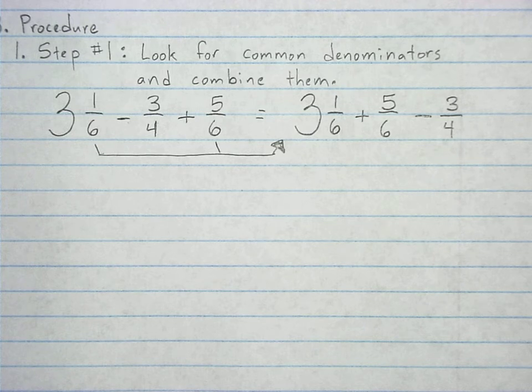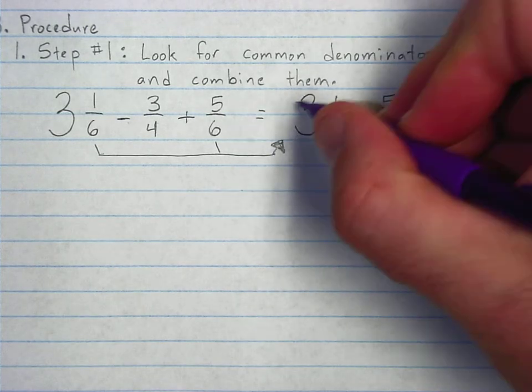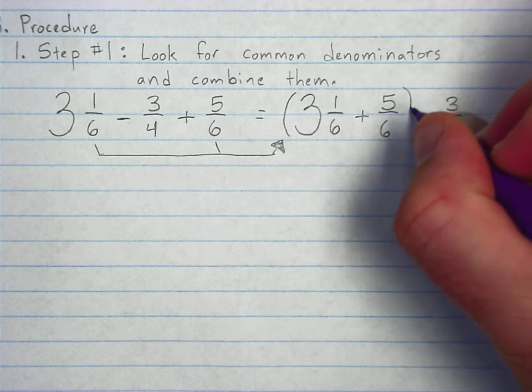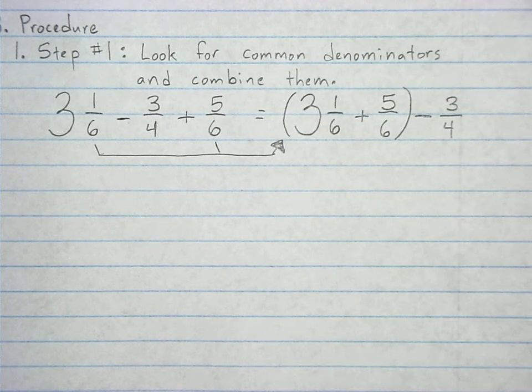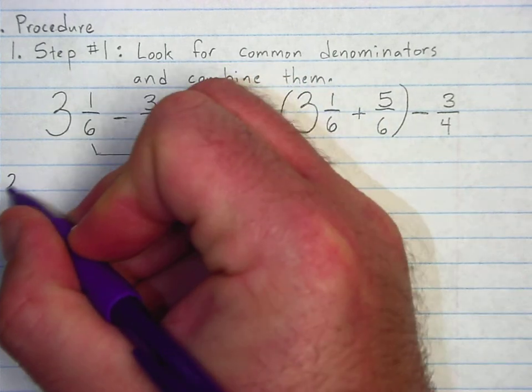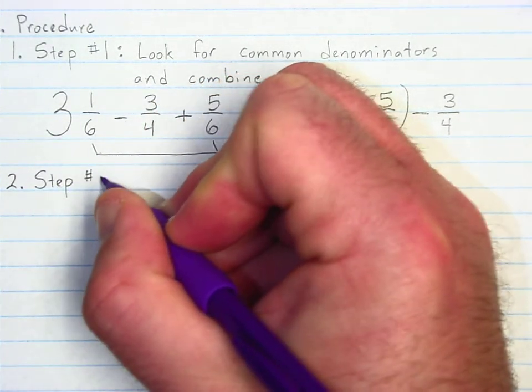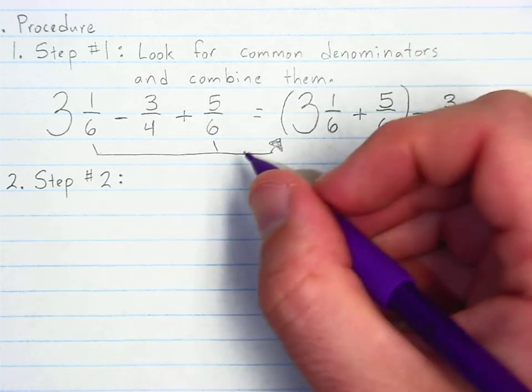Now, as we prepare for step 2, I'm going to draw parentheses around these two because I'm going to use the associative property to say I want to add the terms with the same denominator first. Step 2.